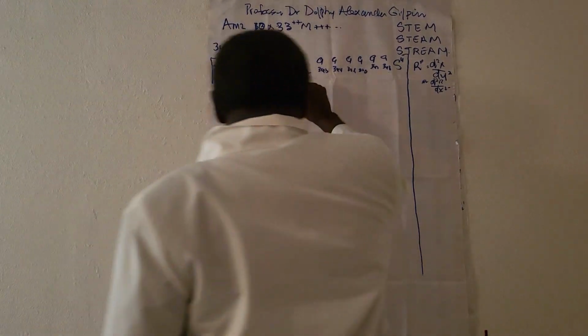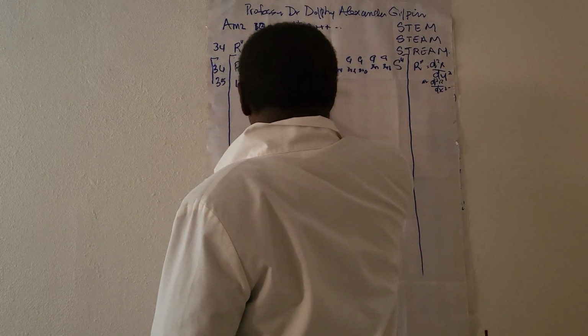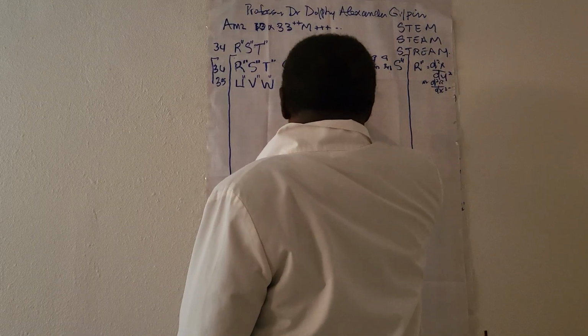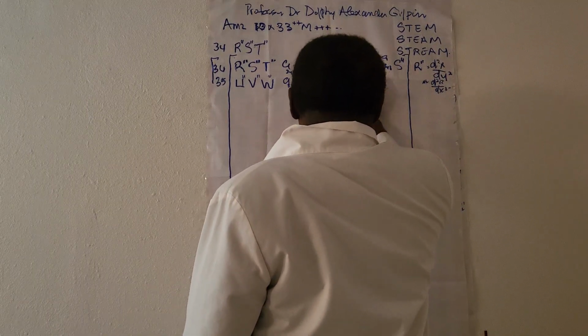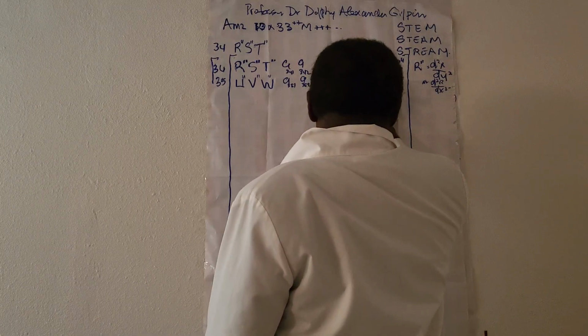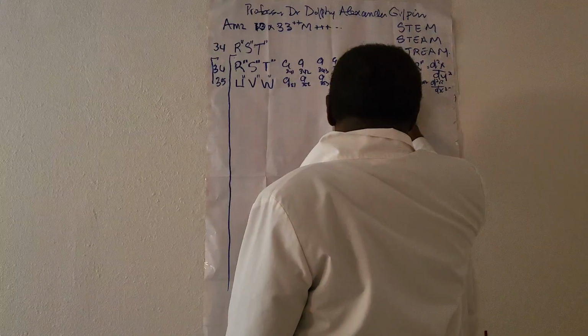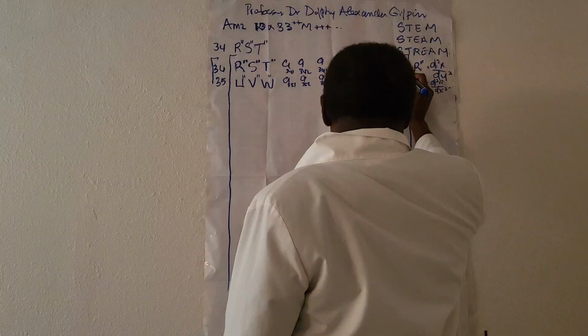And so we have now A35-1, A35-2, A35-3, A35-4, A35-5, A35-6, A35-7, and A35-8, and that would make it now V double dash.